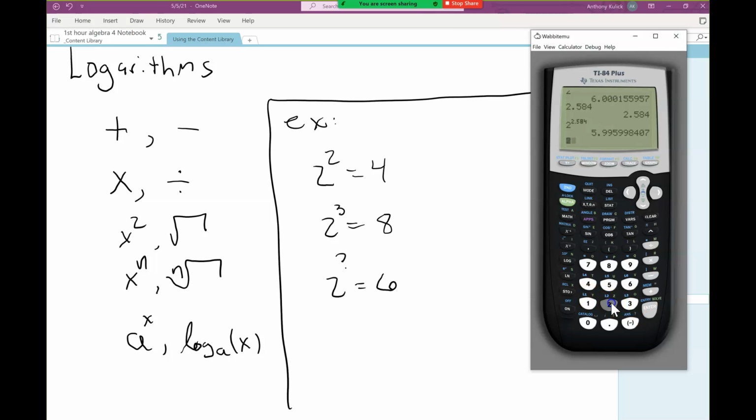If we keep on going, you're going to find that we can't get a number that has a finite number of decimal places to make that work. Anytime we think we've got it, we're always going to be a little bit short or a little bit too much.